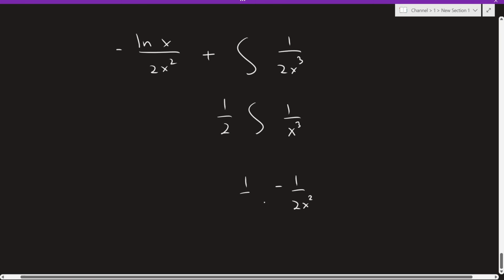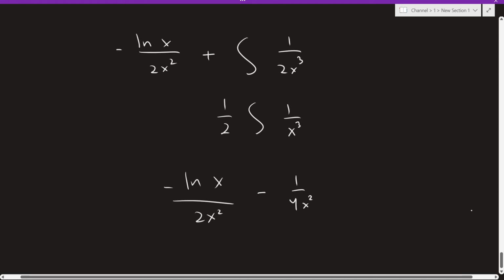So 1 over 2 times negative 1 over 2x squared is just negative 1 over 4x squared. So let's take this down. It's going to be ln x over negative 2x squared minus 1 over 4x squared.